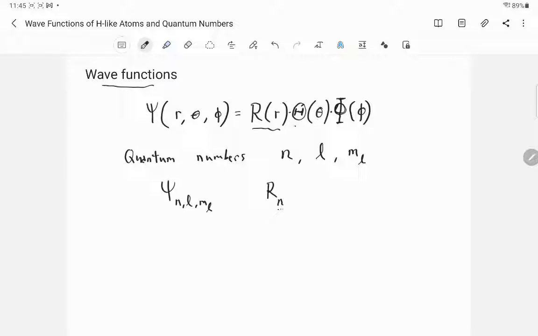The theta factor actually depends on both quantum numbers.